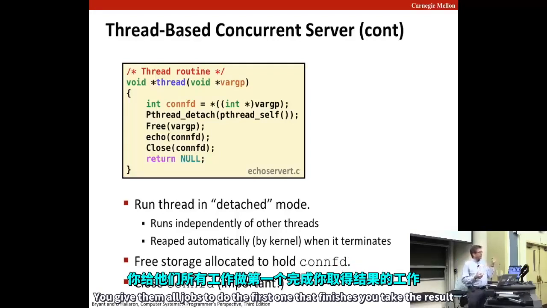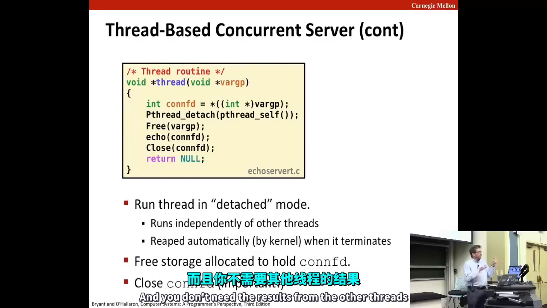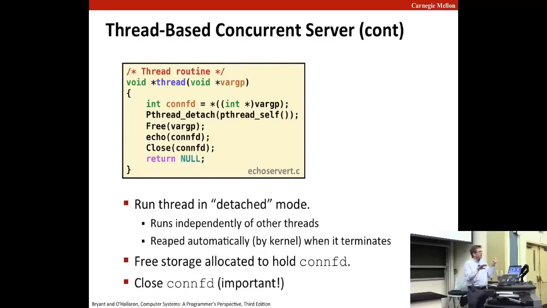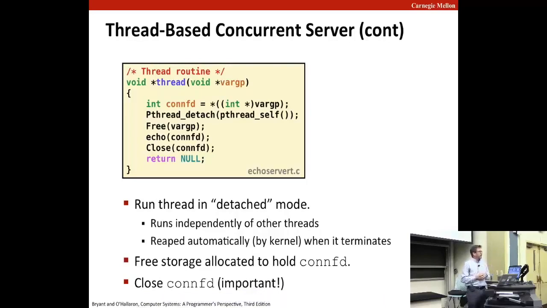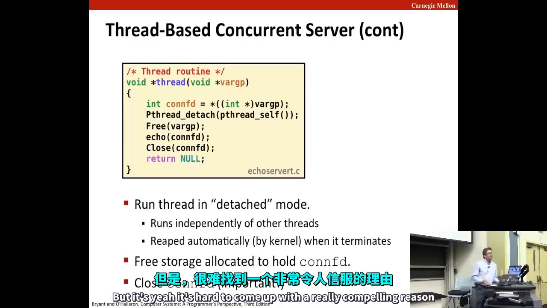The first one that finishes, you take the result, and you don't need the results from the other threads. So you might just want to kill those threads. But it's hard to come up with a really compelling reason.